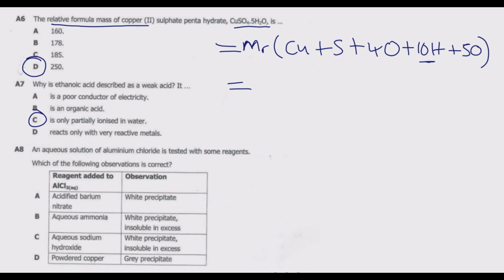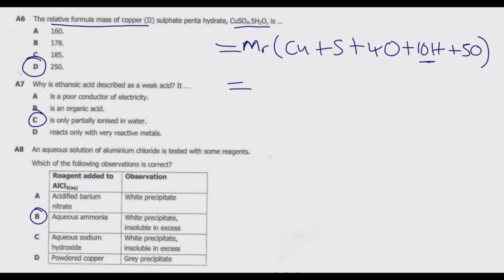Then B, aqueous ammonia, observation: white precipitate insoluble in excess. So basically, the reagent, aqueous ammonia, added to aluminum chloride will give us a white precipitate. So this B is the correct answer.